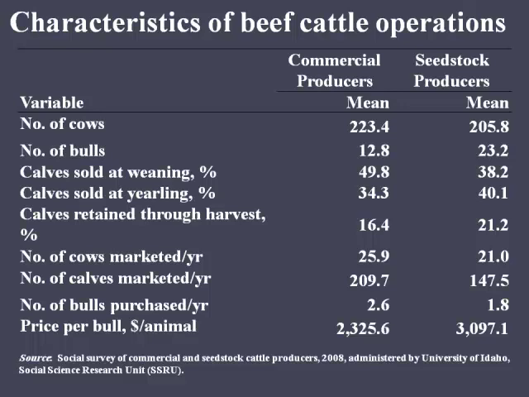And so this is a typical cross-section of America's beef industry. You can see maybe the bottom point there, price per bull, dollar per animal. For commercial, on average, in 2000, prior to 2008, they paid $23, $25 hundred, and a little over $3,000 for a seed stock producer.